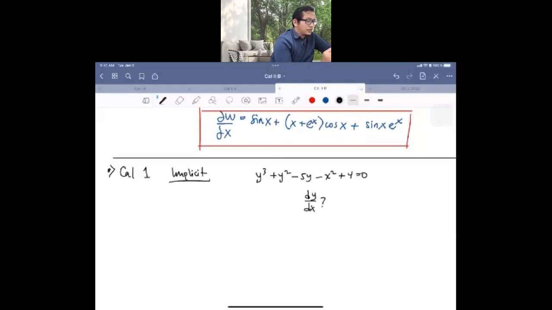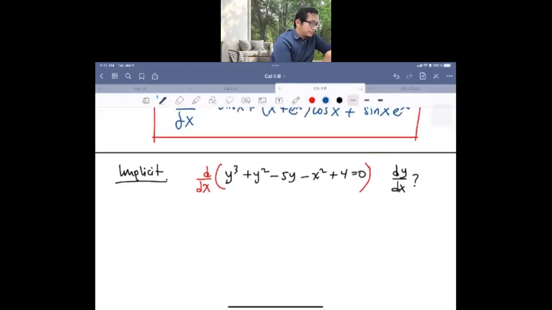Now, as you remember, to find this dy over dx, in calculus 1, we simply directly derive this with respect to x, right? And then treat y as a function of x. So we will have 3y squared dy over dx plus 2y dy over dx, right?